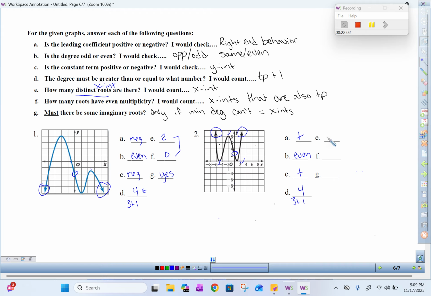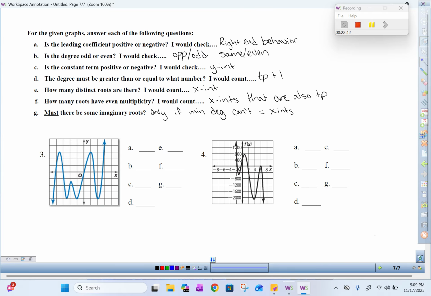How many distinct x-intercepts are there? 1, 2. And then how many roots have even multiplicity? Well, that is 2 as well. Both of them were the turning points as well. So would there have to be imaginary roots? We're trying to get to 4 using these. So this one could count for 2, 4, 6, 8, but we just need to get to 4. So here this could count for 2, this could count for 2, and that gets us to 4. So there would not have to be imaginary zeros for this one.